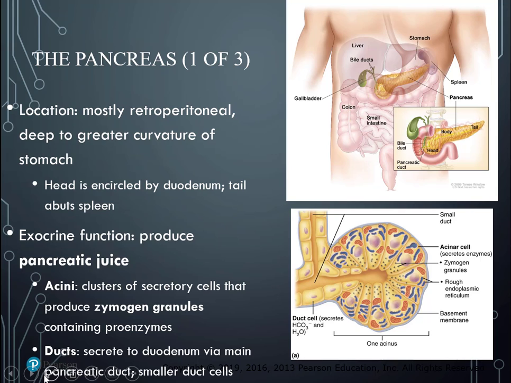The function of the pancreas that relates to digestion is exocrine. It releases pancreatic juice, and it has acini, a cluster of cells that produce zymogen granules containing proenzymes, which are then released into the ducts. Here you have a small duct, and into the duodenum via the main pancreatic duct.